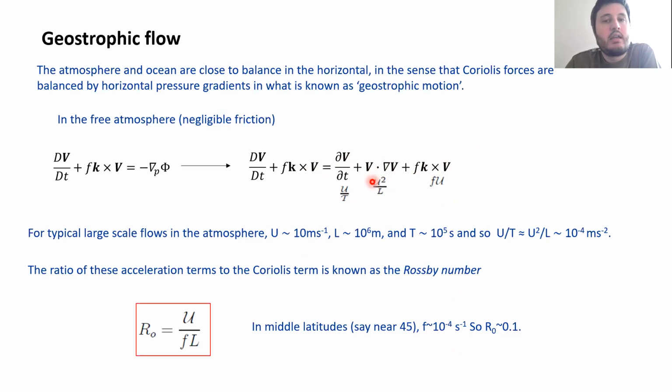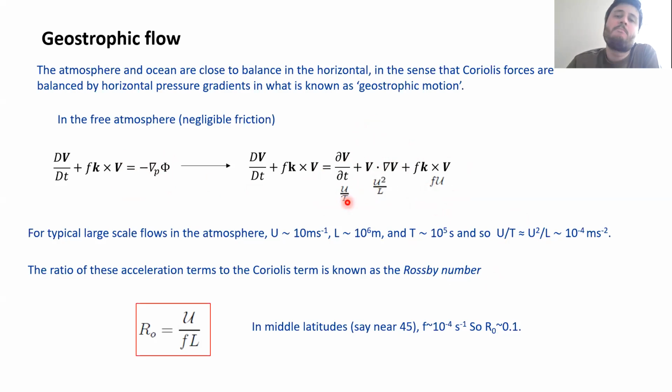And we will see, also from our experience observing the atmosphere, that the pressure gradient force, or the geopotential gradient force, has the same order as the Coriolis term, of the order of 10 to the power of -3. So both of them are an order of magnitude larger than the advection and acceleration terms.